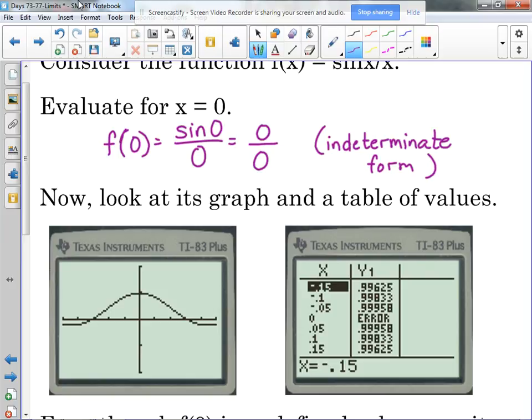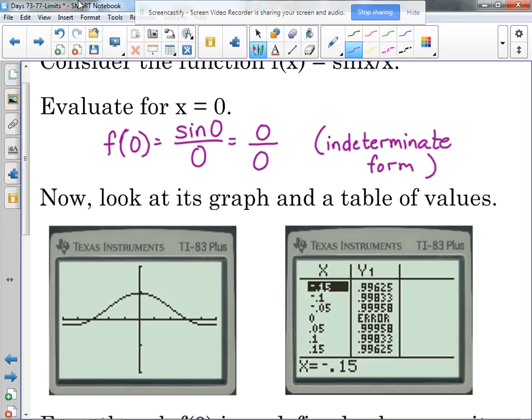So it doesn't look like there are any problems, right? It looks like it's completely continuous. There are no vertical asymptotes or anything like that going on. So the only problem seems to be at x equals 0. We have that one little bitty problem at x equals 0. We're good everywhere else. Okay?